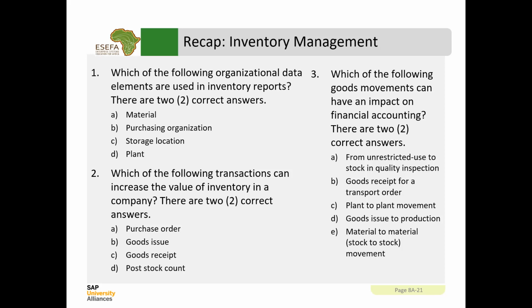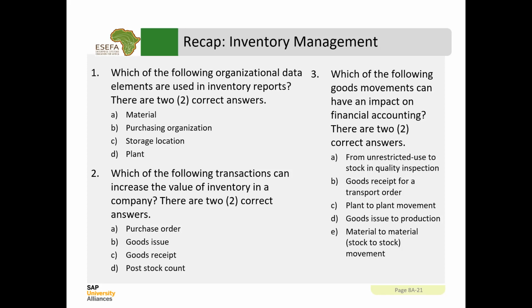Now, goods issued for production. Goods issued to production means it's still within the same plant. Are we getting it? It's still within the same plant, from storage to production floor. So if plant to plant does not affect, definitely movement within a plant will not.